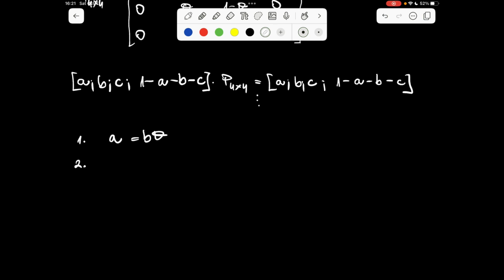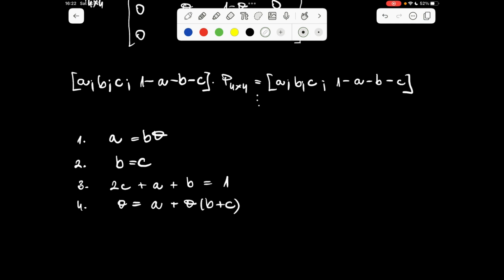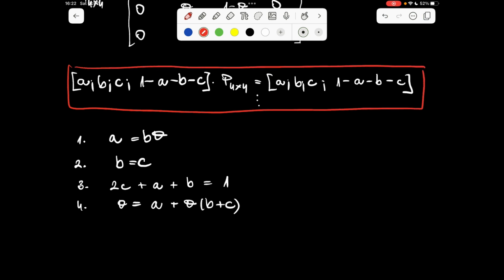This is the first one, this is the second one, this is the third one. All you need to do is complete this multiplication, do the math, and you will receive these 4 equations on the basis of this equality. So after doing the math, we have these 4 equations.